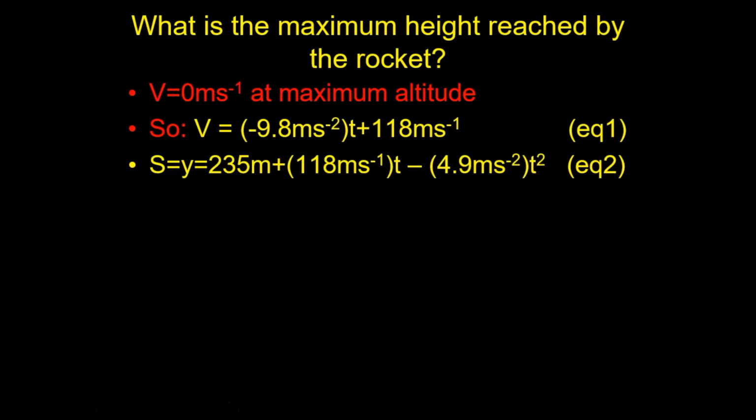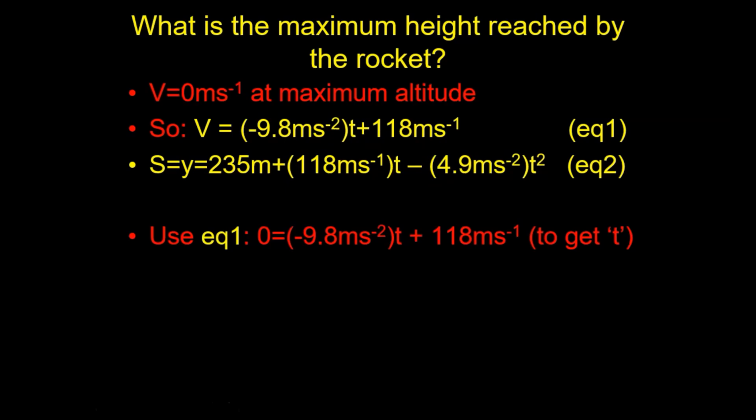Well, the engines were switched off. The only acceleration that was acting on this system after the engines were switched off was the acceleration due to gravity down towards the Earth. Hence the fact these negative values have now been applied, telling us the direction of that acceleration. This is half At squared already, so this is 9.8 over 2.